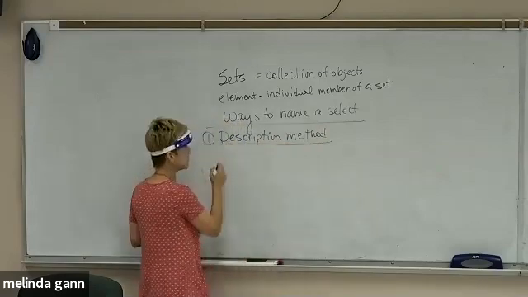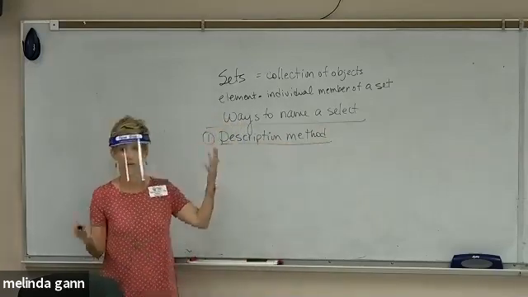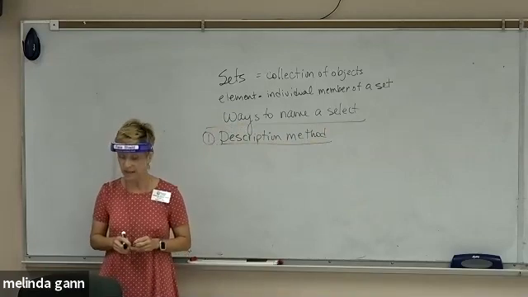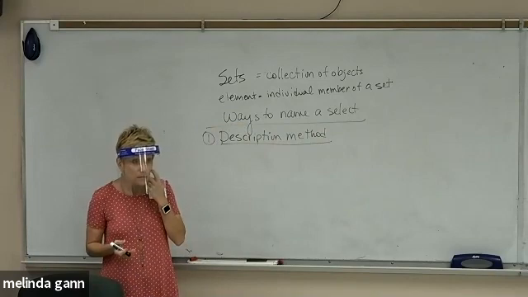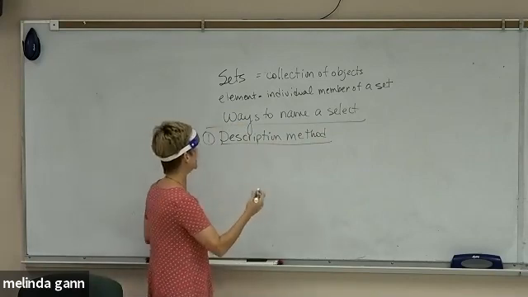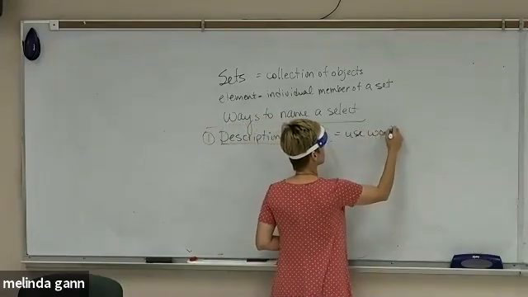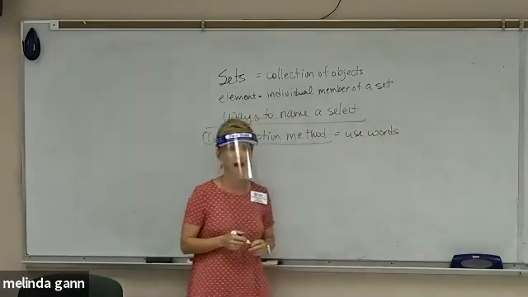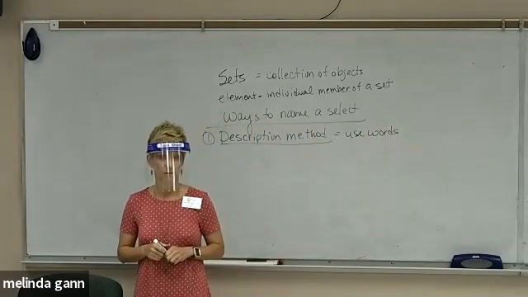This is usually the first way that anybody learns to name or describe a set. And what it means is you literally use words. But you've got to make sure that your words are very specific. They can't be vague.